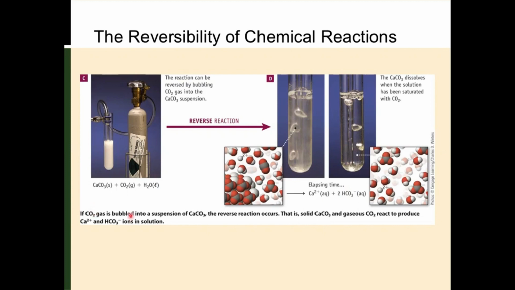So if CO2 gas is bubbled into a suspension of calcium carbonate, the reverse reaction occurs. That is, solid calcium carbonate and gaseous CO2 react to produce calcium ions and hydrogen carbonate ions in solution, both of which are going to be soluble compared to the calcium carbonate that we started with.